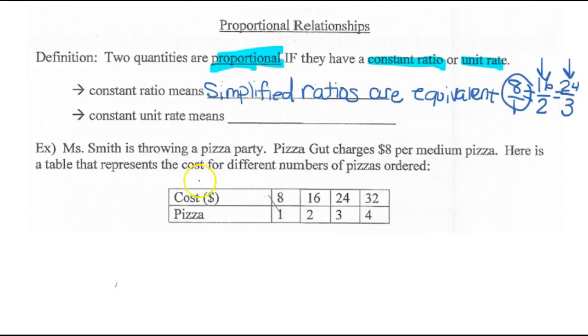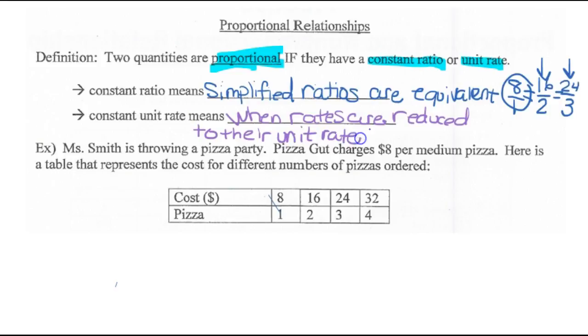So a constant unit rate means that when the rates are reduced to their unit rate, they're equal to each other. When rates are reduced to their unit rate, they are equal.